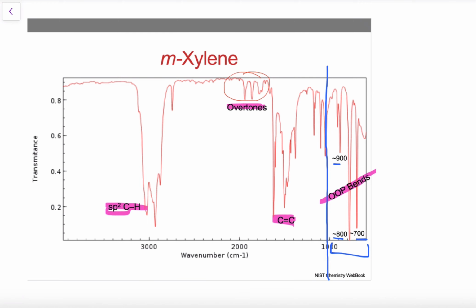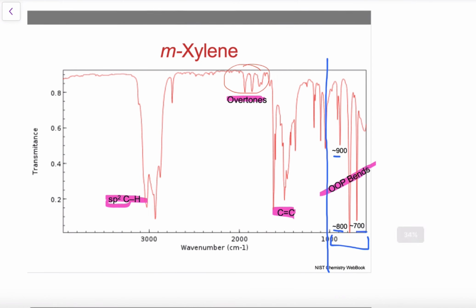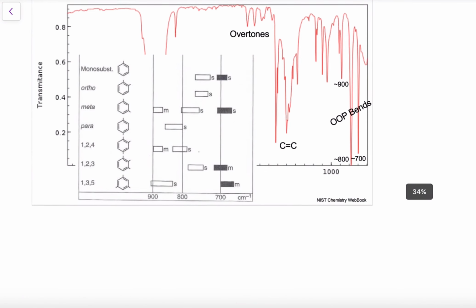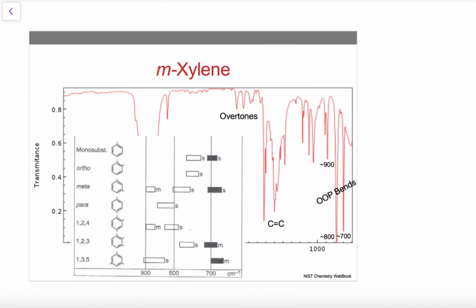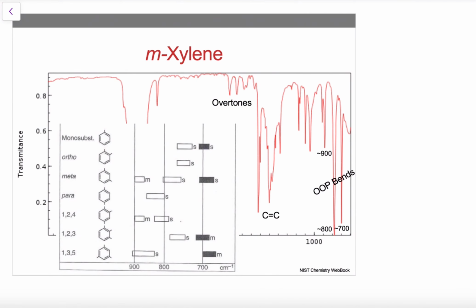But how would we know that this is meta-substituted? Well, if we look at the table that we were looking at earlier, let's see what we have. So if we have the peak around 900, 800, and 700, okay, so that means that we have 3 peaks.